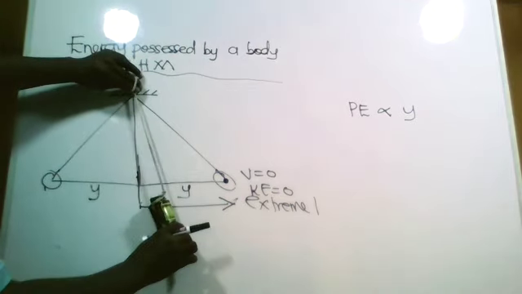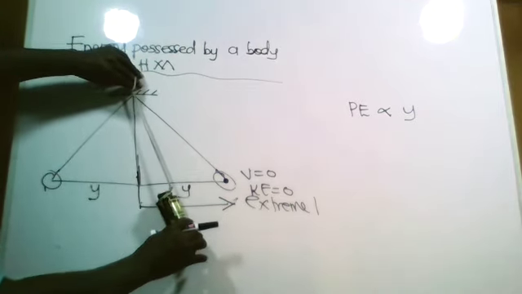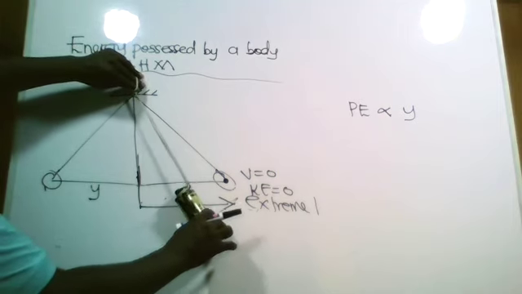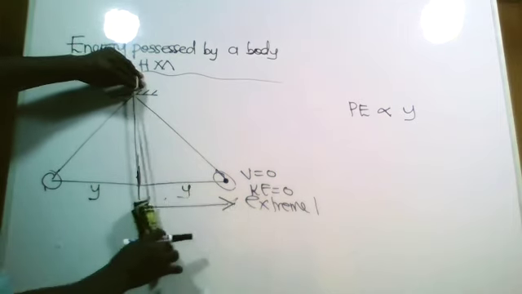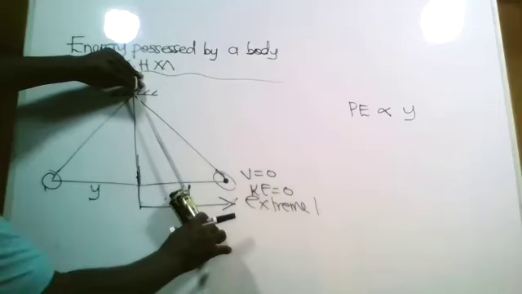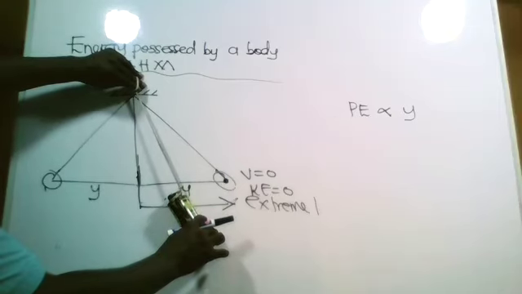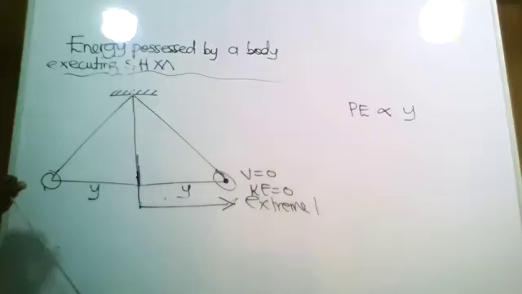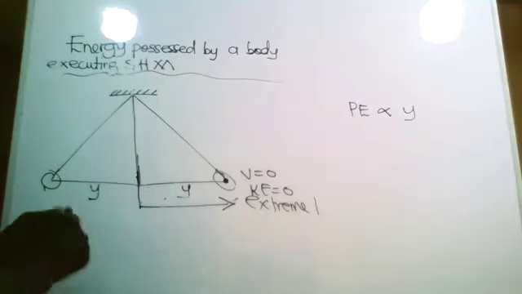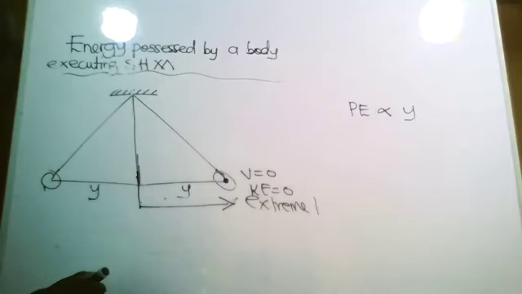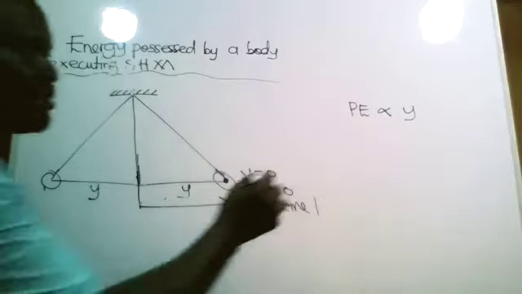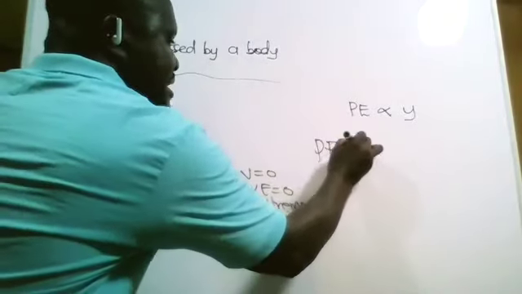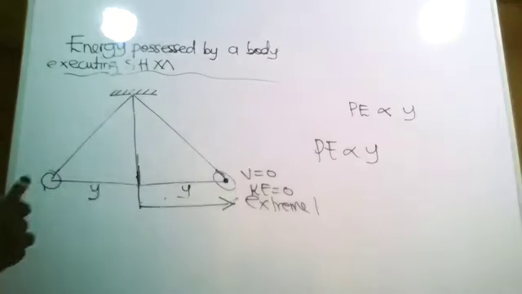The body's velocity is decreasing. But what is happening to the displacement? Yes, it is increasing. So if the displacement is increasing, then the potential energy would also be increasing, because PE is directly proportional to y.